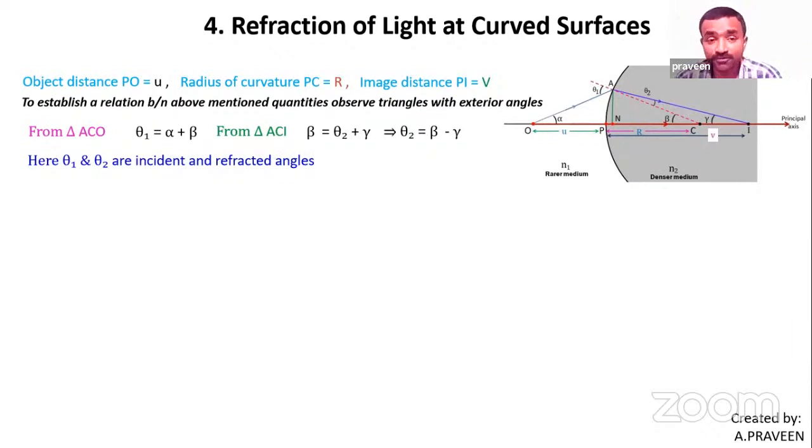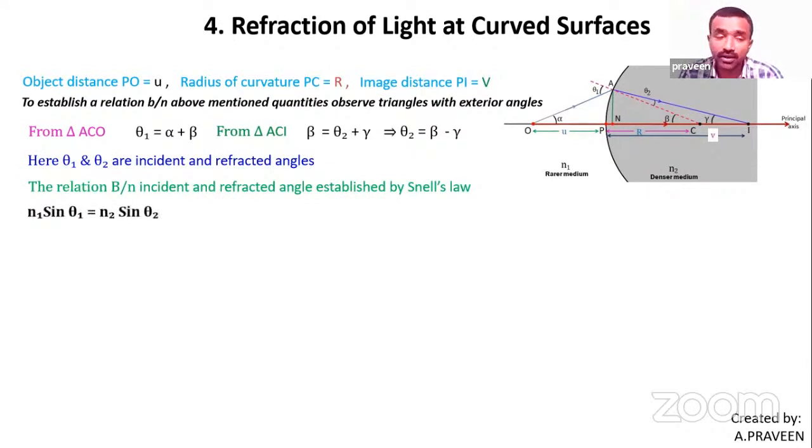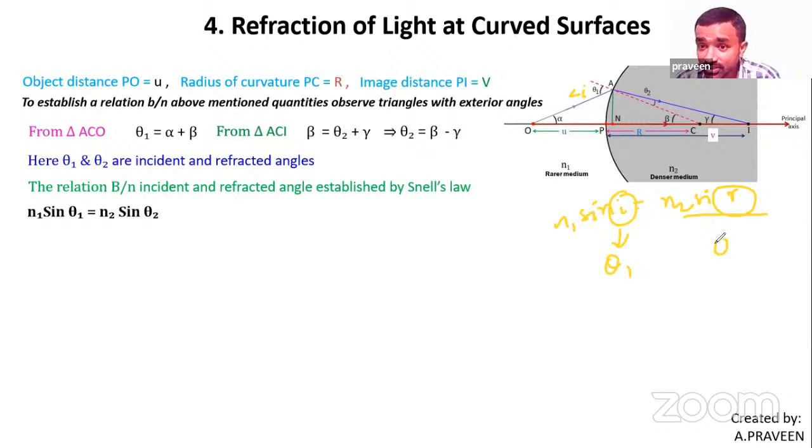The relation between the angle of incidence and refracted angle is established by a relation called Snell's law, that is n1 sin I equal to n2 sin R. Here in our discussion, theta 1 is the angle of incidence, and the angle of refraction is theta 2.